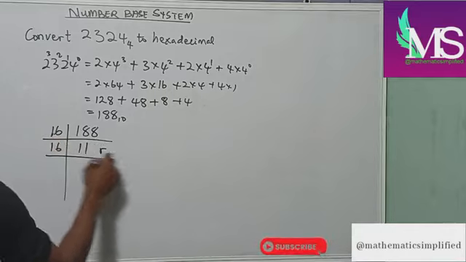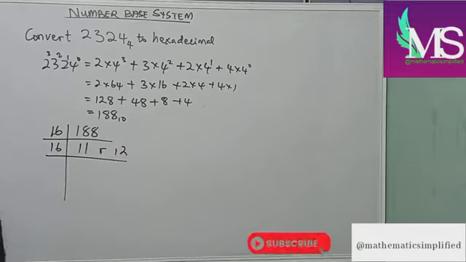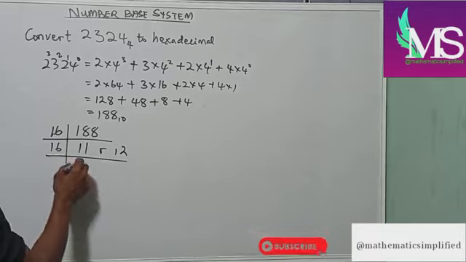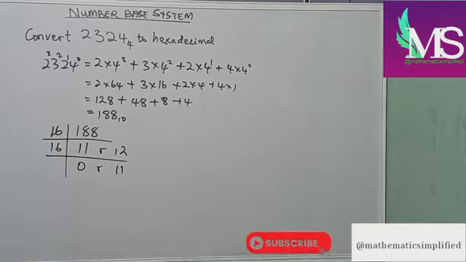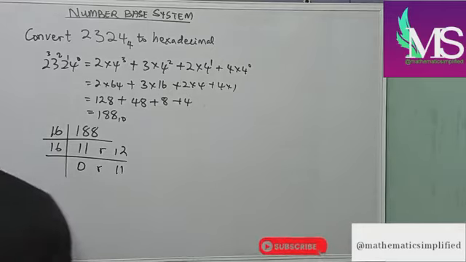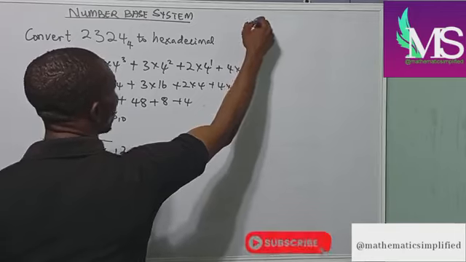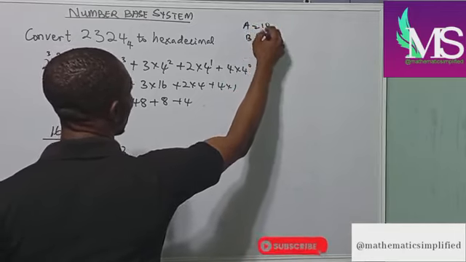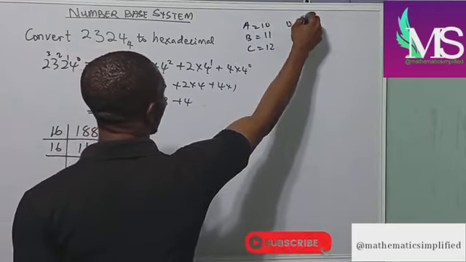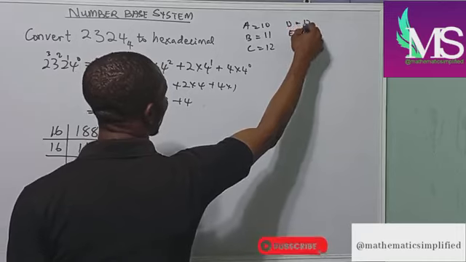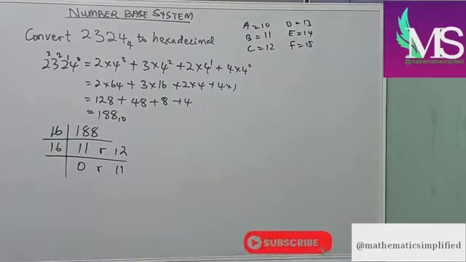So 188 divided by 16 gives us 11 remainder 12. And 16 here will give us 0 remainder 11. Now, we know that we have our numbers from 1 to 9, then A is 10, B is 11, C is 12, D is 13, E is 14, and F is 15 for hexadecimal.